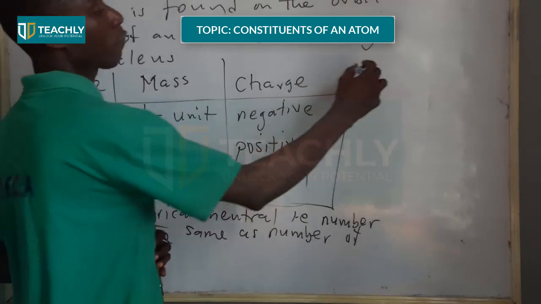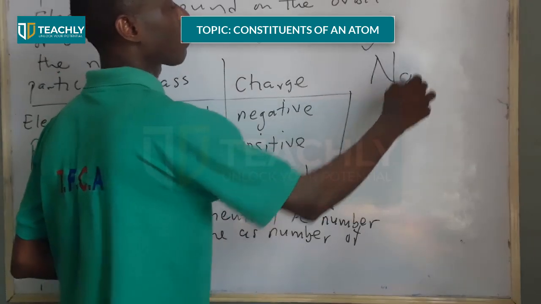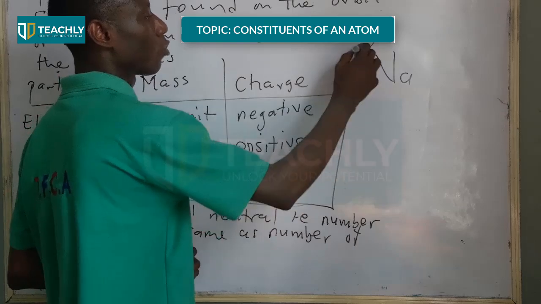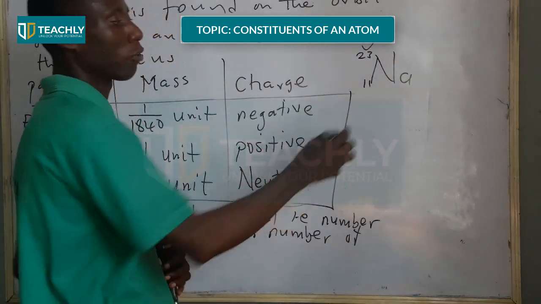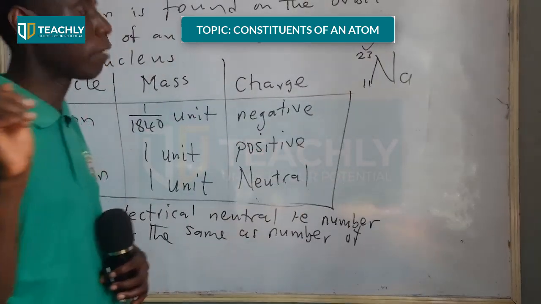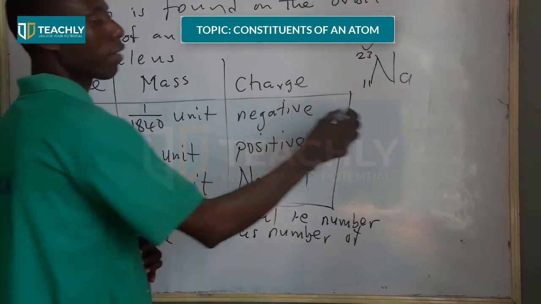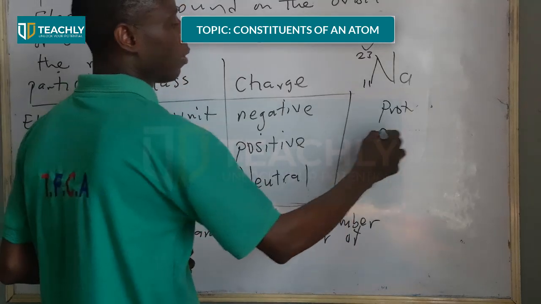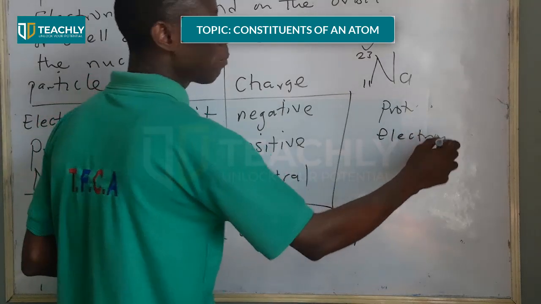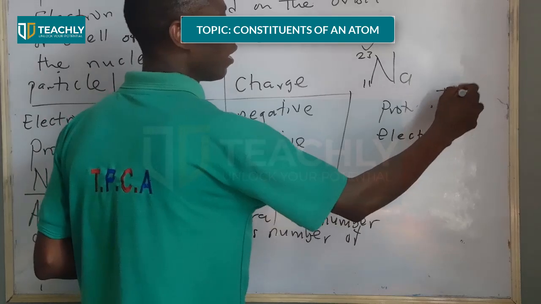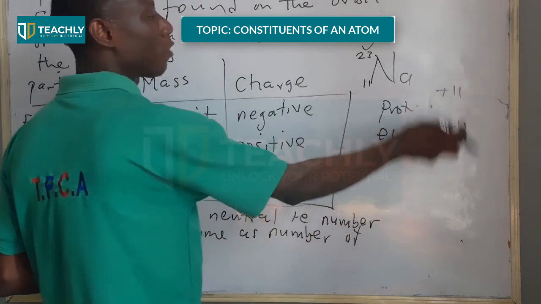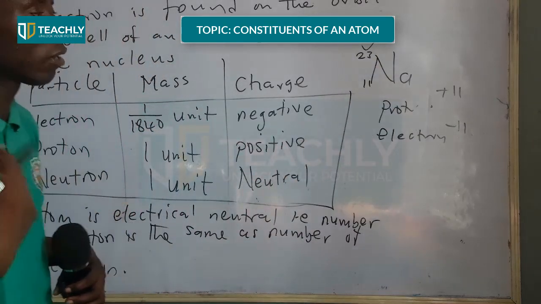For example, take sodium. Sodium has an atomic number of 11. It means that you have a proton number of 11 and, at the same time, 11 electrons. So you have plus 11, and the electrons, which are 11, have minus 11. When you have the two together, the positive and negative will balance each other.